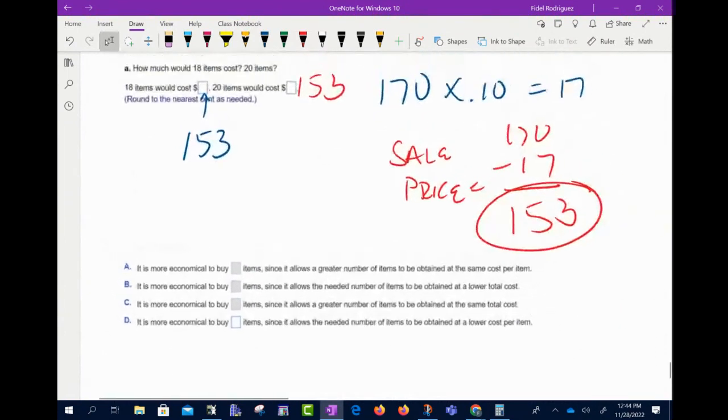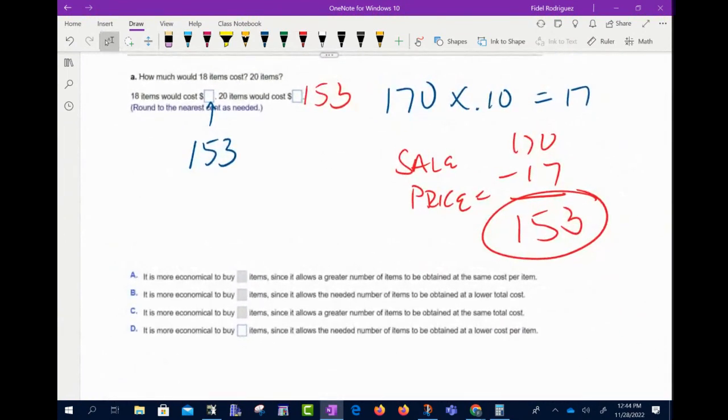So let's take a look at part B. It's more economical to buy how many items? Well, we know it's more economical to buy 20 items. So we just got to figure out which is the right choice.